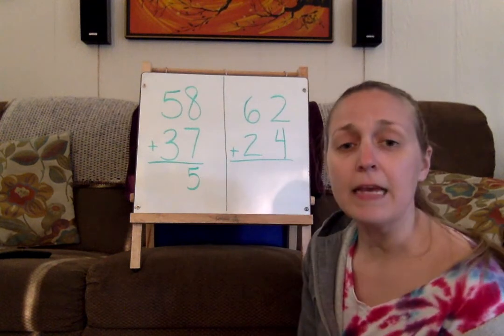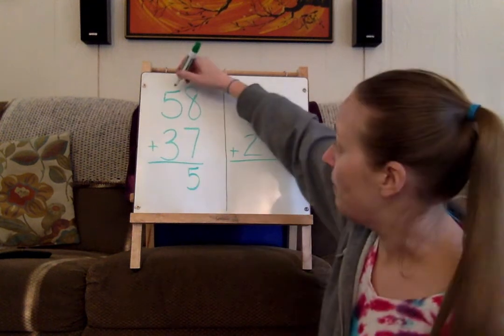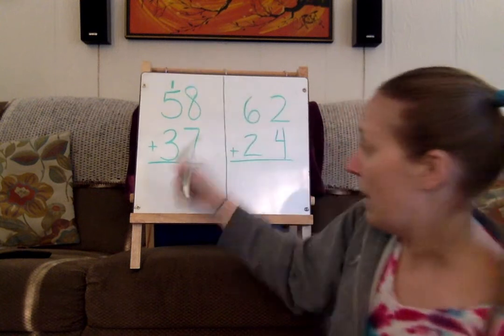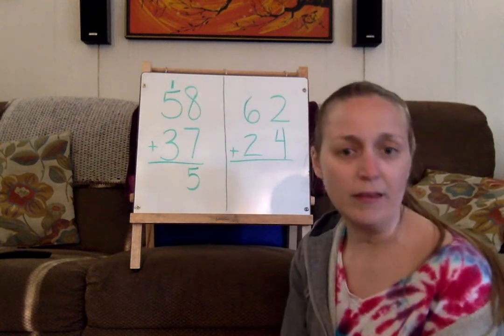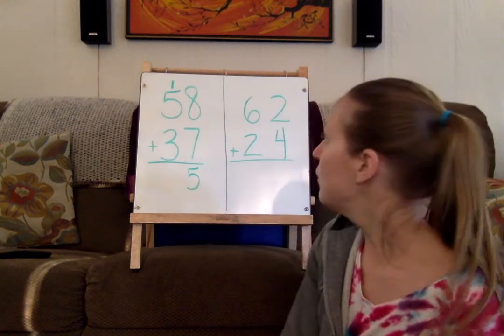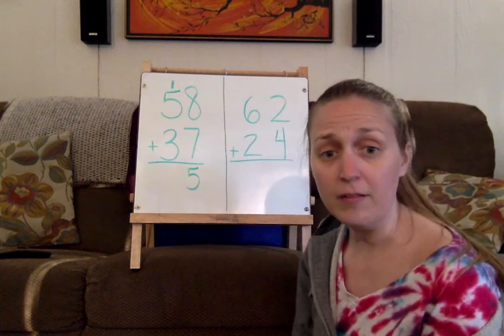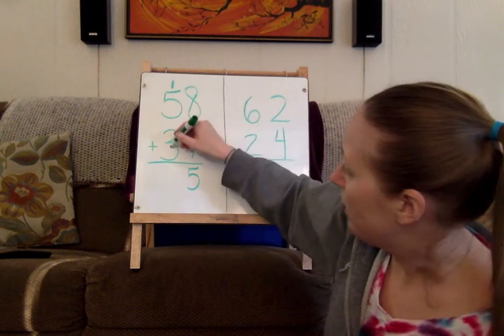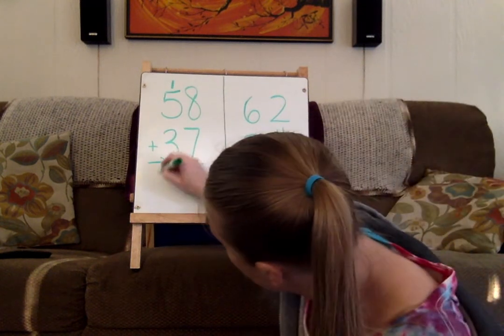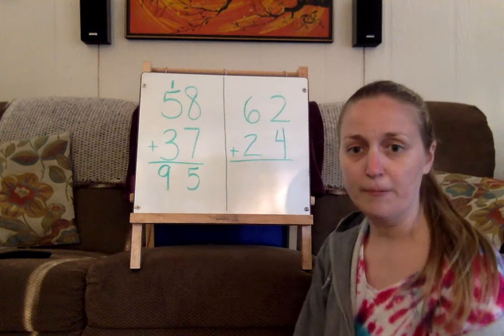And then I put my new 10. I can either make a new 10 above or below. Mrs. Mansfield always likes to make her new 10 above. So then I can add 1 plus 5, which is 6, and then 6 plus 3, which is 9. And I have my answer.